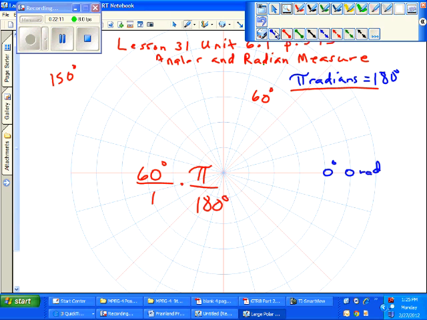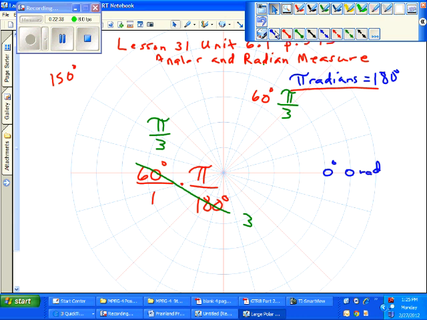What's my denominator going to become? 60 goes into 180 three times, so I'm going to end up with pi over 3. The denominator times the degree is 180. 60 times 3 is 180. See how quick you can find out what that is? So we'd say, well, we got pi over 3. What's that as a degree? Well, 3 times what is 180? 60. So it's 60 degrees.